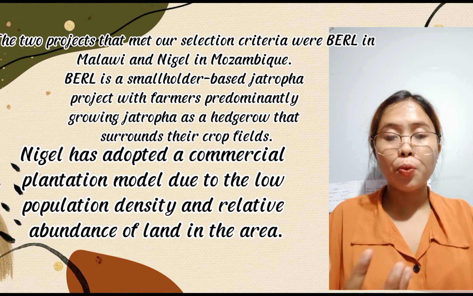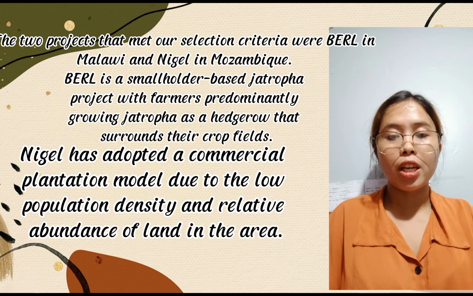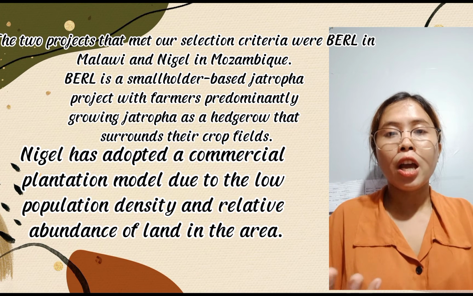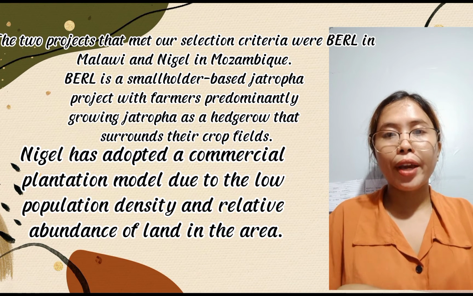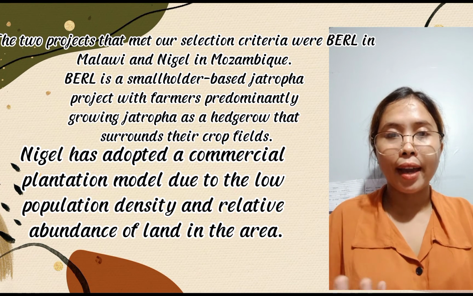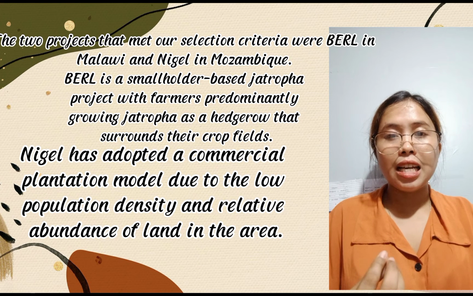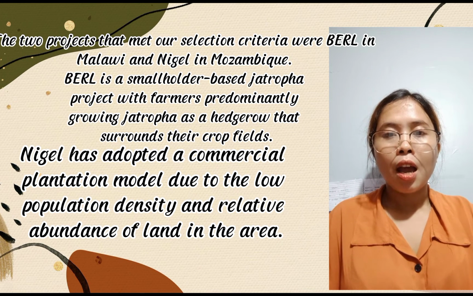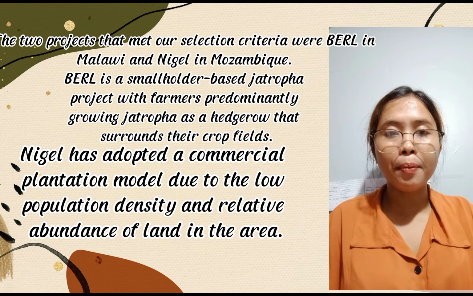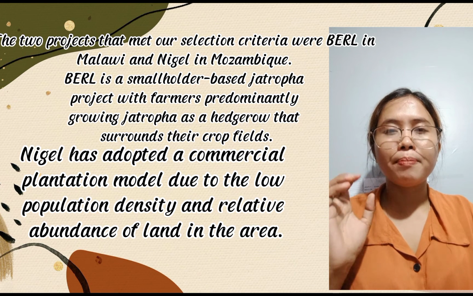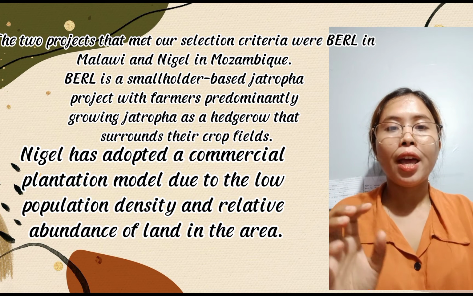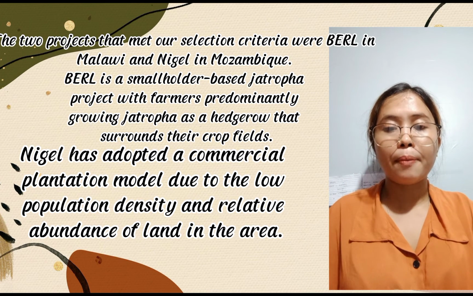So, in the continuation of the methodology from the journal article, the two projects that met the selection were Beryl in Malawi and Nigel in Mozambique. Beryl is a smallholder-based Jatropha project with farmers predominantly growing Jatropha as a hedge that surrounds their crop fields.